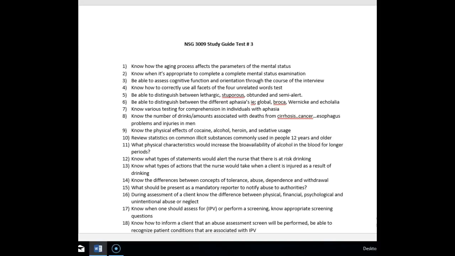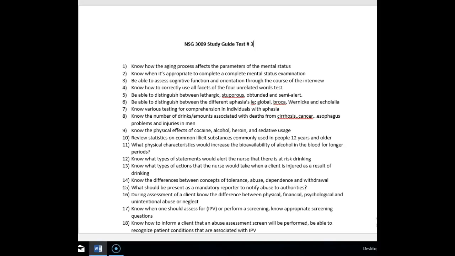They may drift off to sleep when they're not stimulated, but they can be aroused when they're called upon in a normal voice. Sometimes you would say they look drowsy, but at the same time, they may respond to questions appropriately.